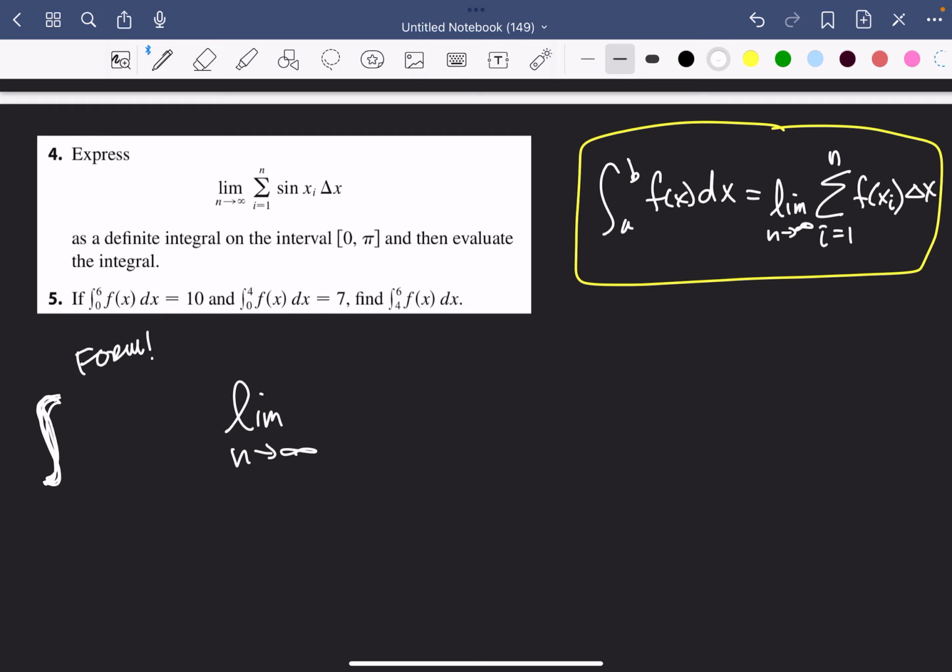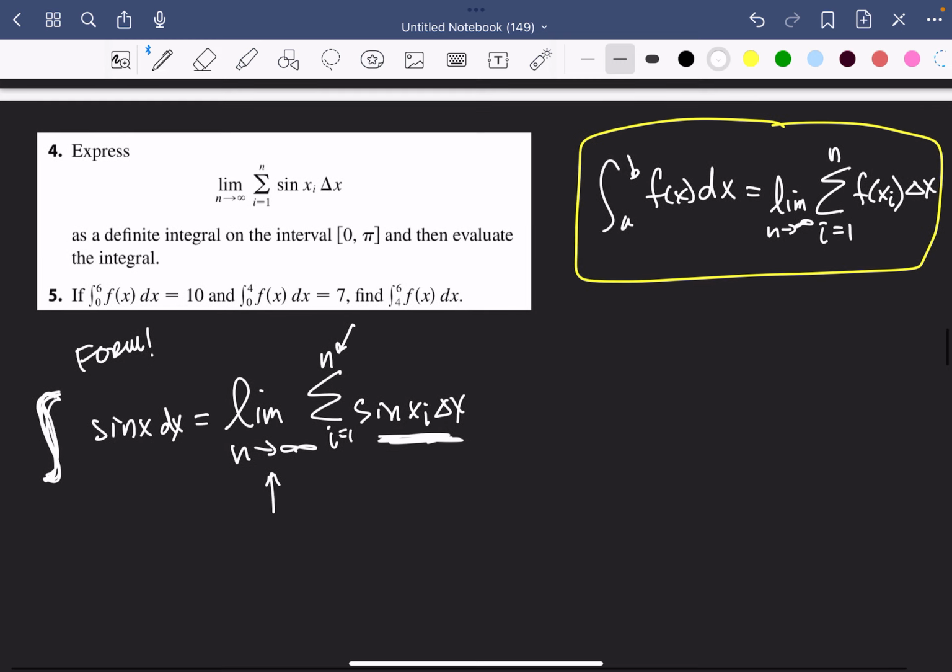And if that limit is sine of x sub i delta x, then that means we're integrating sine x dx, right? And we're taking the limit of a sum. We're summing up these i equals 1 to n, these n rectangles. So each one of these is a rectangle. We've got n of them. Then we let the number of rectangles go to infinity, and that's when we get exactly the area.